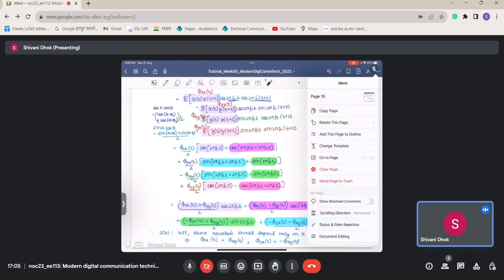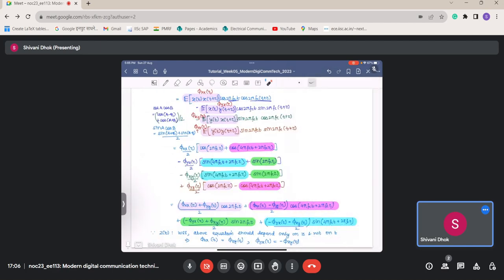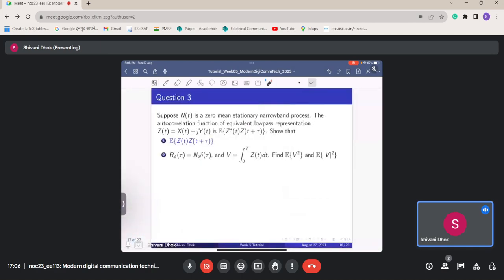Okay, if there are no questions, then I'll go for the next question that I have to take. So this is the third and last question, which is related to stochastic processes. It is said that this n(t) is a zero mean stationary narrowband process. The autocorrelation function of this equivalent low pass representation z(t) equal to x(t) plus j y(t) is given as expectation of z conjugate t into z(t plus tau).